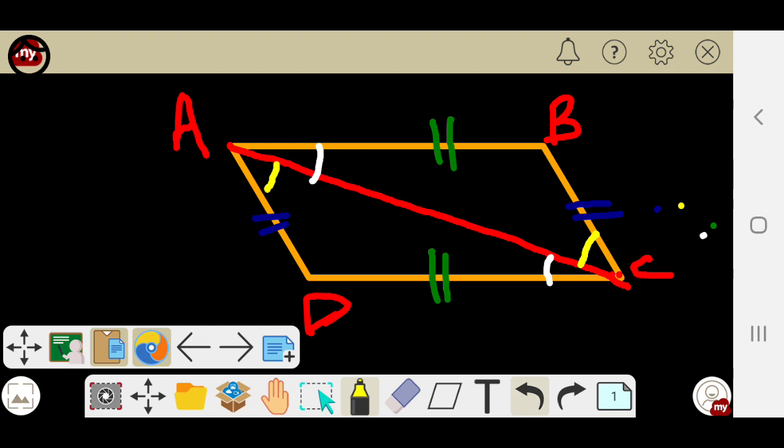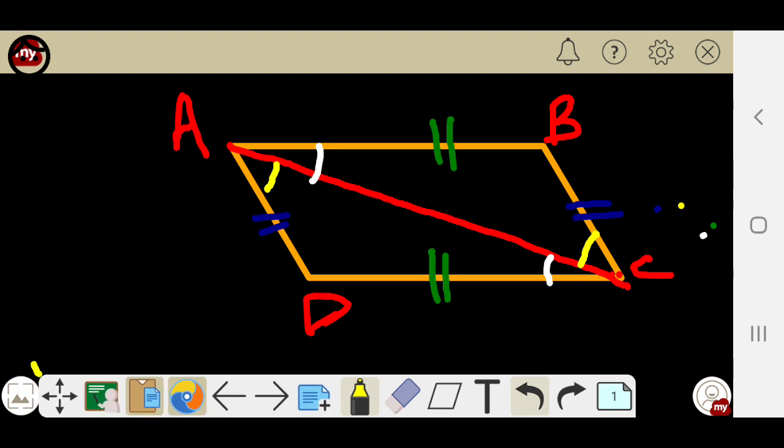Now we are going to prove that triangle ABC is congruent to triangle CDA. Listen, dear children. In the two triangles, the first triangle ABC and the second triangle, angle A of the first triangle and angle C of the second triangle are equal.